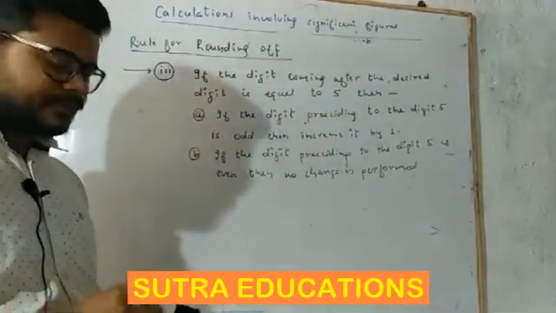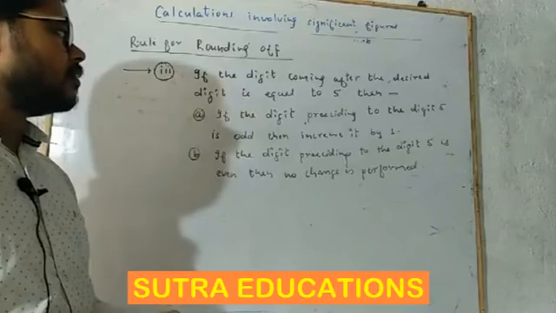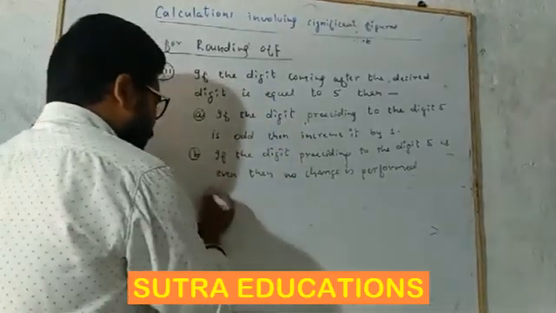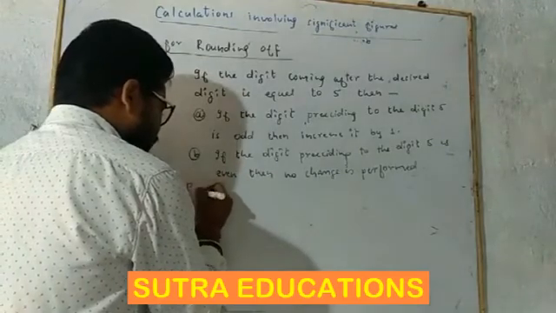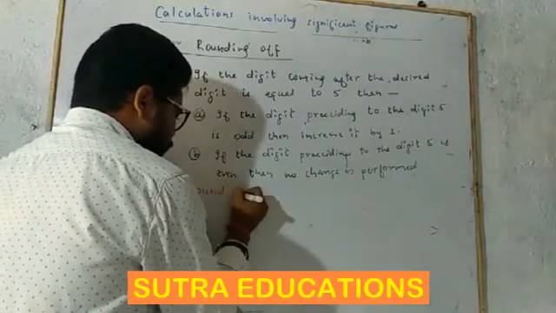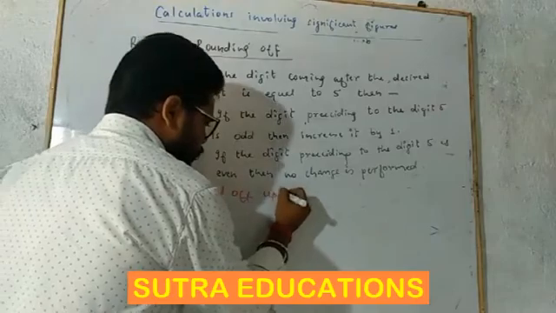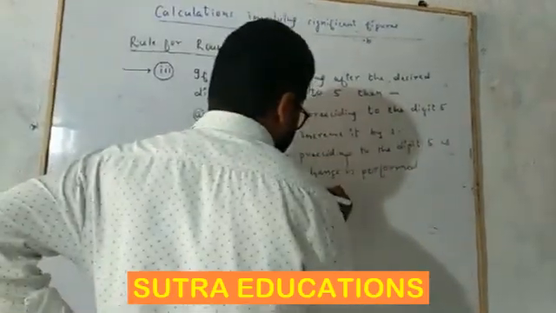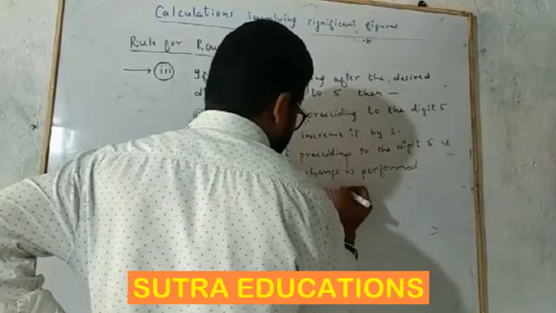Okay, so we will understand it by one example. Let it be a round off up to 4 significant figures. The question is, round up to 4 significant figures.